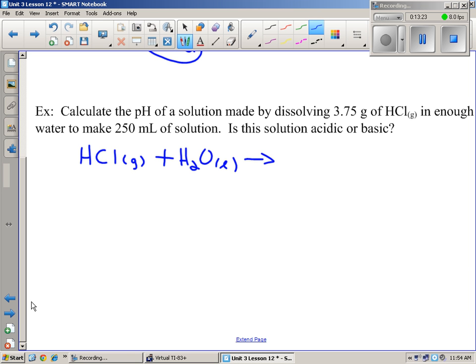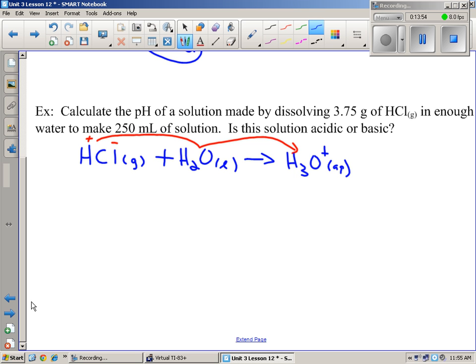So yesterday we talked about these types of equations. We said, hey, HCl, when you put it into water, it ionizes into H plus ions and Cl minus ions. The H plus ion attaches itself to the water. So this attaches to this, and it makes H2O plus an H plus, H3O positive, hydronium ions.